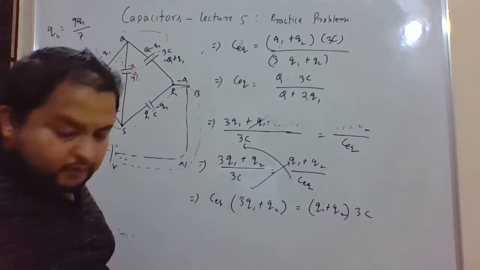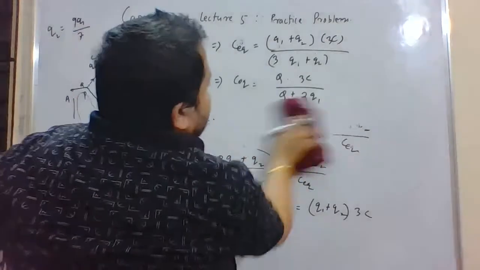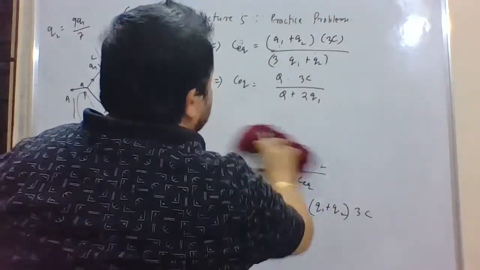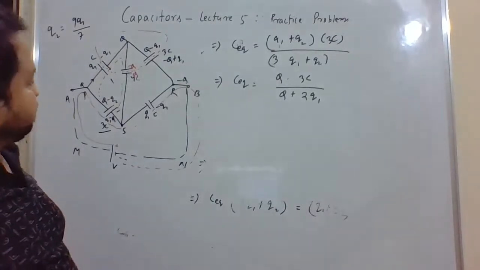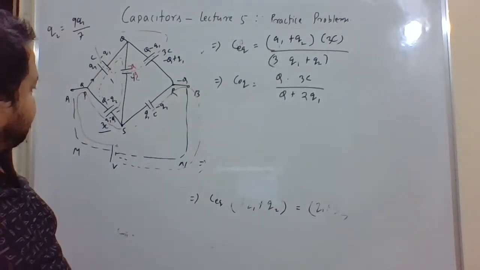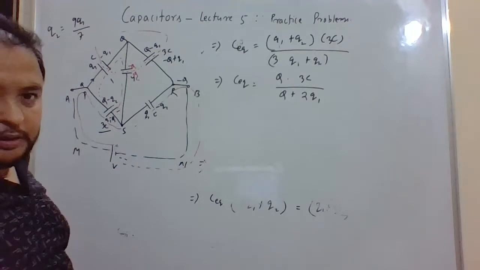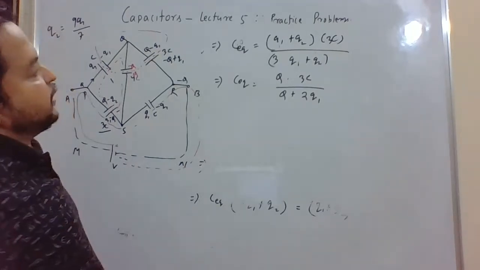Now, if we want to solve it further, it has become multiple variables. Just give me a minute. Okay, so where did we go wrong?